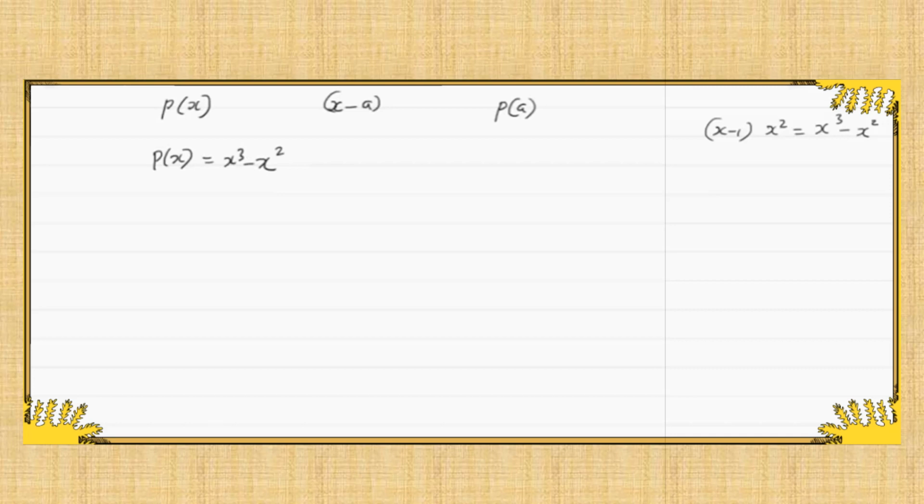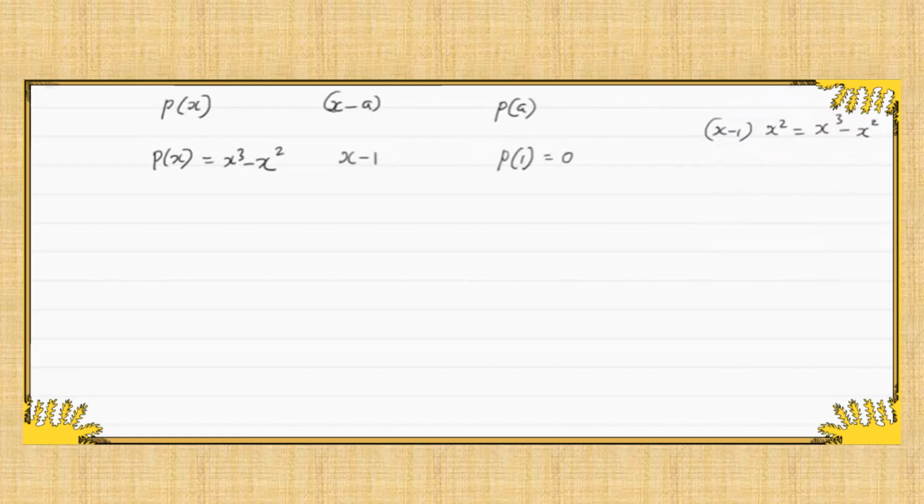If you divide this polynomial by x minus 1, what will be the remainder? By applying this theorem, you can say P of 1 will be the remainder, and in this situation it will be 0.